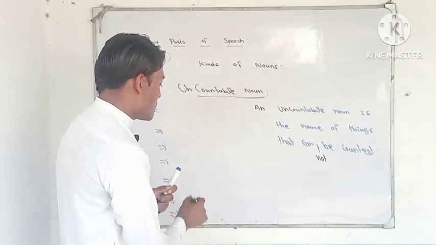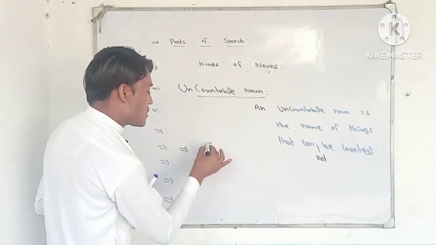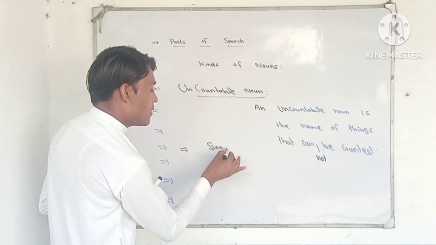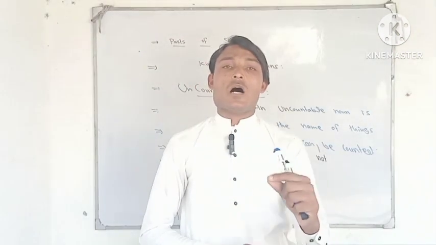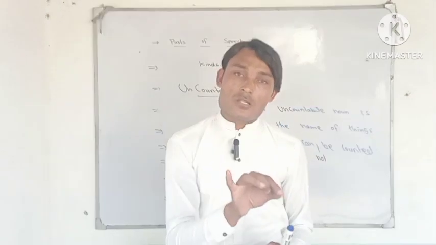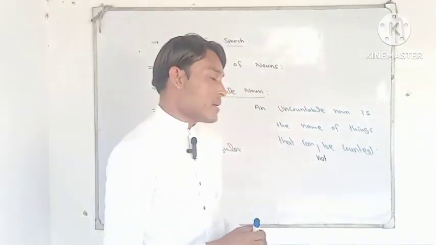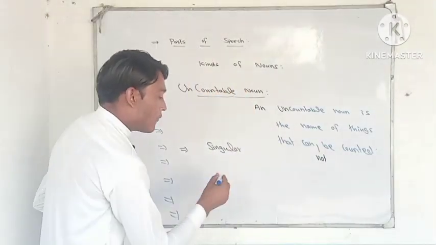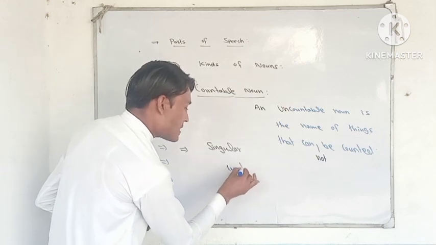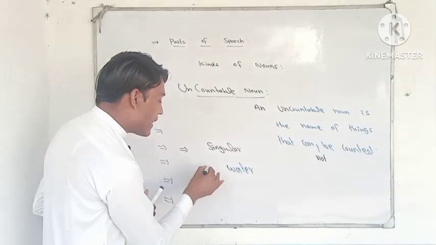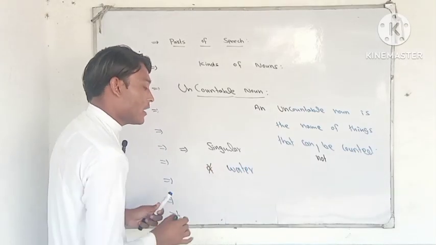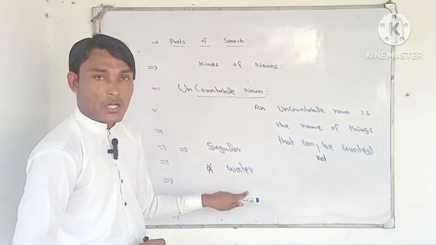Let's discuss how it is. It has only a singular form. And you must remember that we can't use a or an before a singular uncountable noun. For example, if I say water, I can't write a or an. If I write a here, it will be considered incorrect, because water is uncountable.